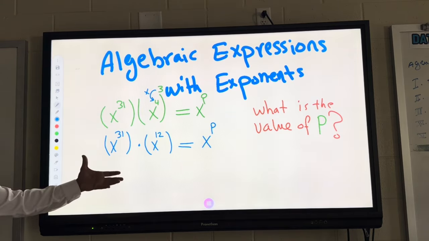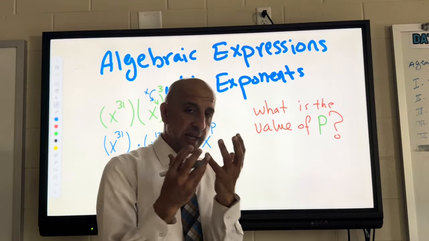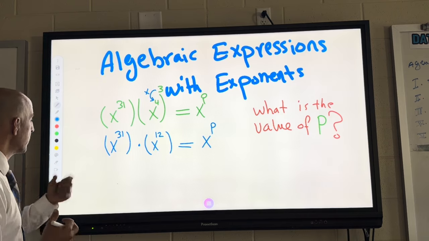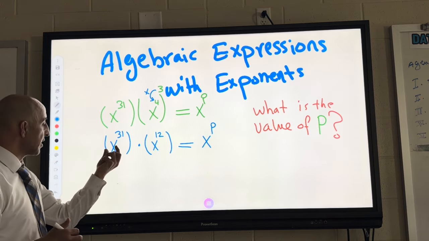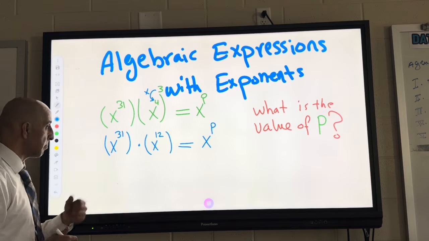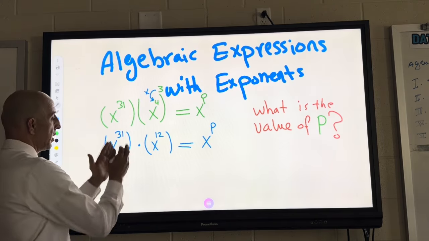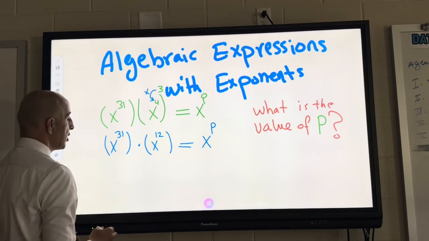Now I can solve the problem as I learned from the previous video. So I have x here as a base, I have another x here as a base, so I have the same base. So the answer will be x to the power 31 multiplied by x to the power 12.